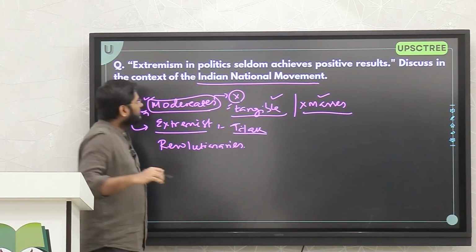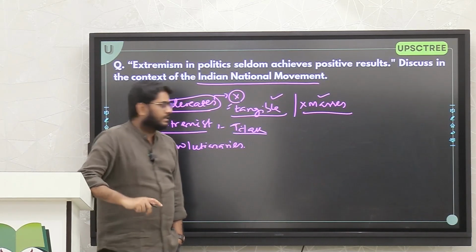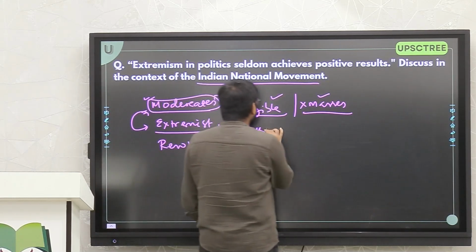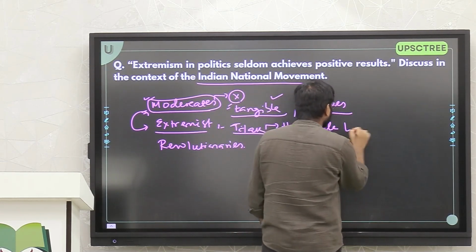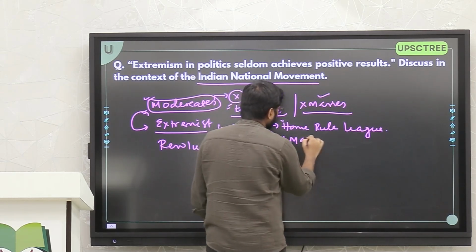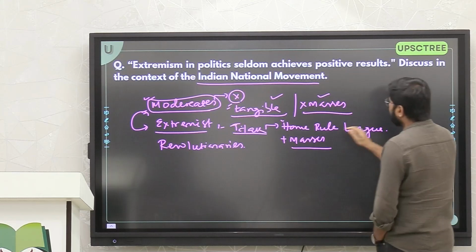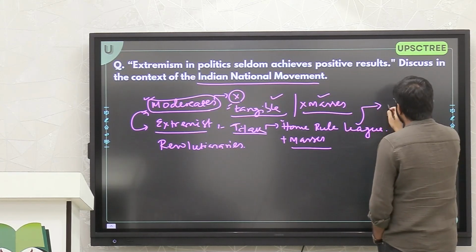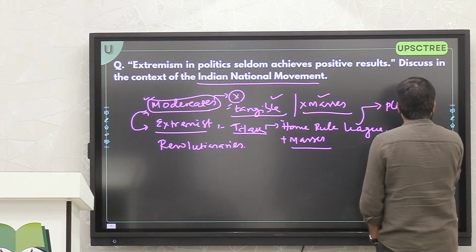And in fact, the statement you can critically analyze as well. Because Tilak, if you see, he will go for the Home Rule League. They had belief in the capacity of the masses. They had faith in the masses, and all the work done by Tilak in the Home Rule League will create the platform for Gandhi.